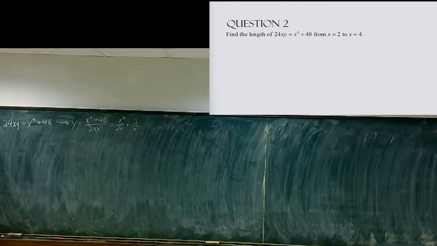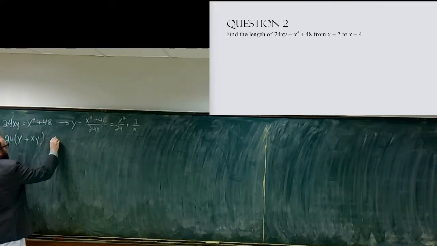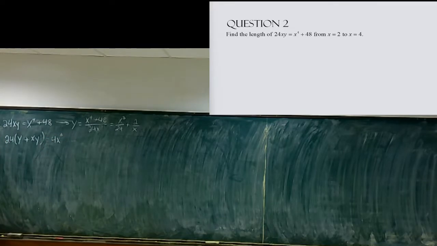You could also do implicit differentiation. So remember how implicit works? d dx on both sides. Derivative of x times y with respect to x, and then we have 4x cubed over there.